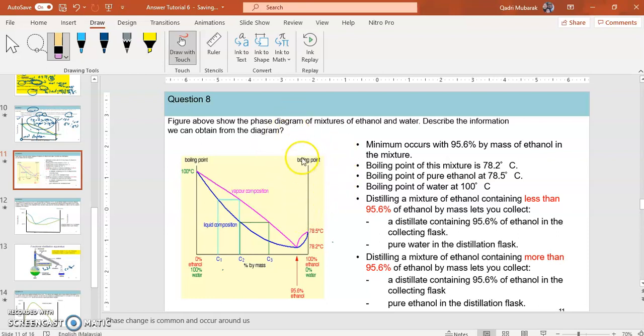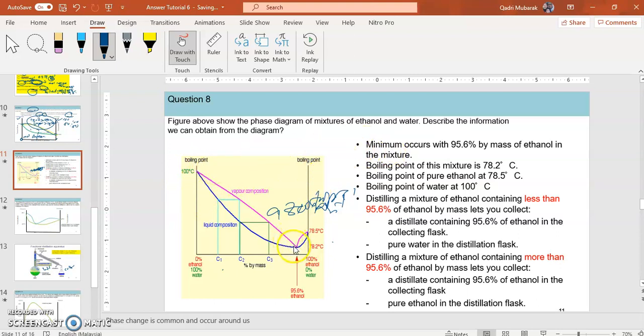First things first, from the phase diagram, we know that we have one azeotropic point here. And we know that from this graph, it deviates from an ideal mixture.